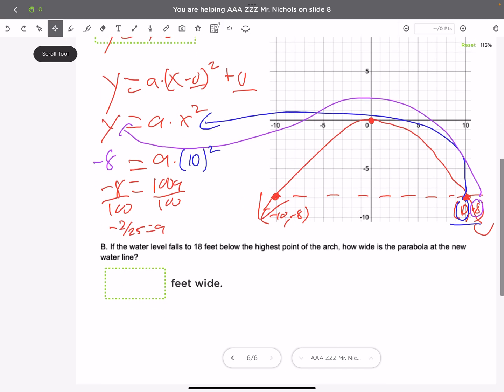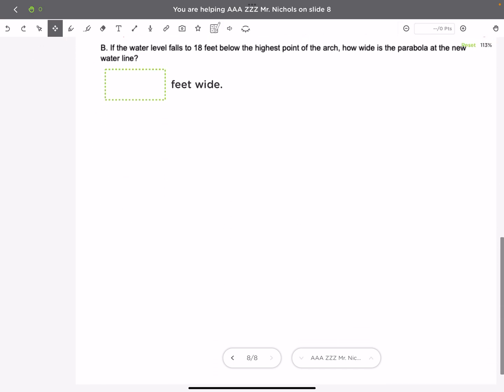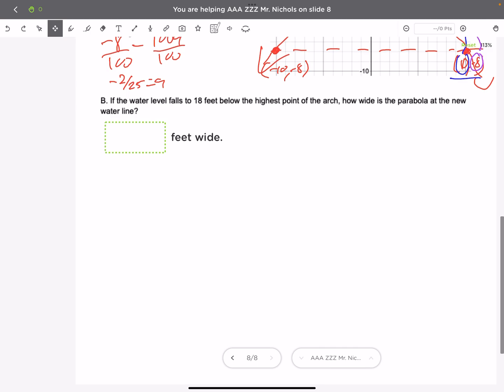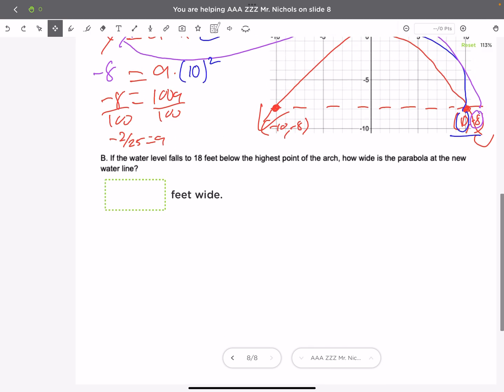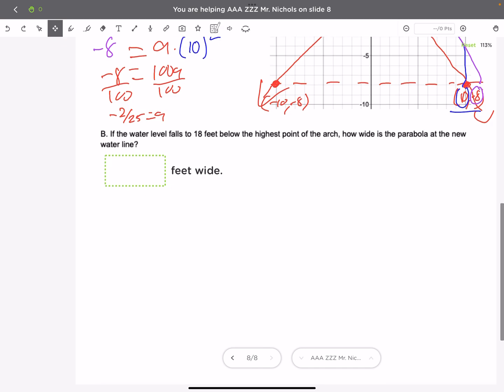Now for part B, we're going to use that equation. If the water level falls to 18 feet below the highest point, how wide is the new parabola? So I found my equation, right? y is equal to -2/25 x squared. We're now told it's 18 feet below.